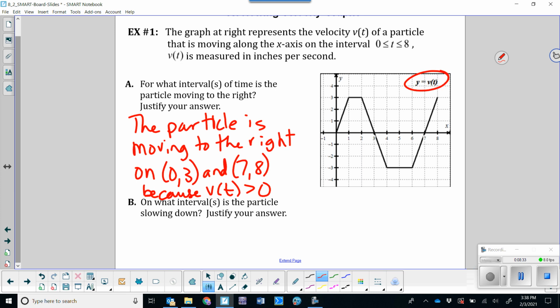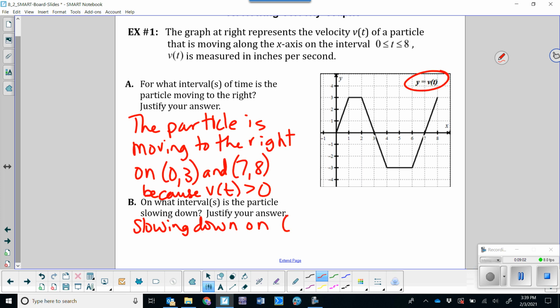On what intervals is the particle slowing down? Remember that there is one and only one way for you to talk about a particle slowing down, and that is velocity and acceleration have different signs. So we will say the particle is slowing down on 2 to 3, when you have positive velocity, above the x-axis, but the slope is negative.